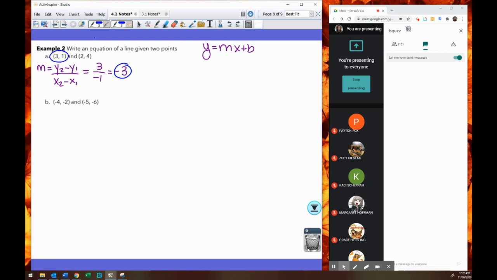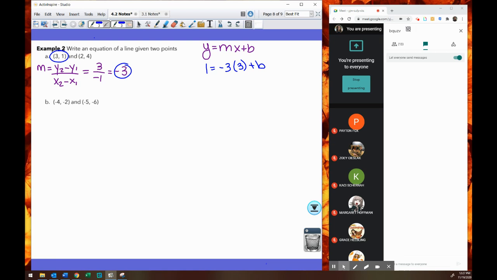And it doesn't matter. Like I said, now we're just going through the same steps we did on the other page. So plug it in, my y value is 1. My slope that I calculated is -3. And my x value is 3. I'm looking for the y-intercept. Again, I could have just as easily picked 2, 4. It gives you the same answer.